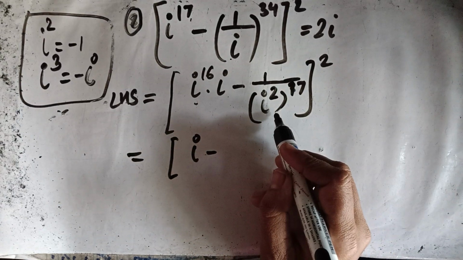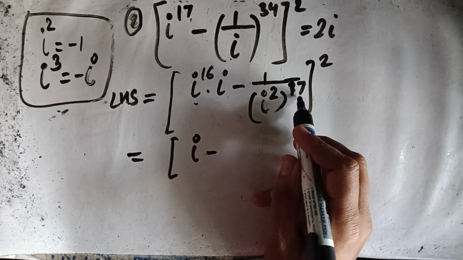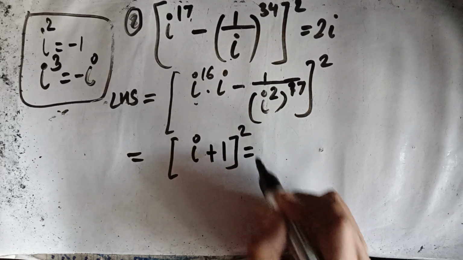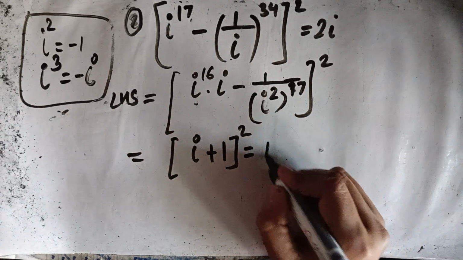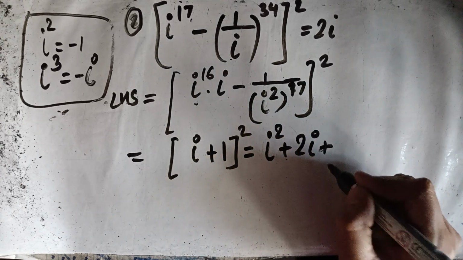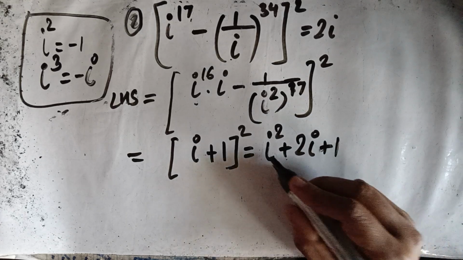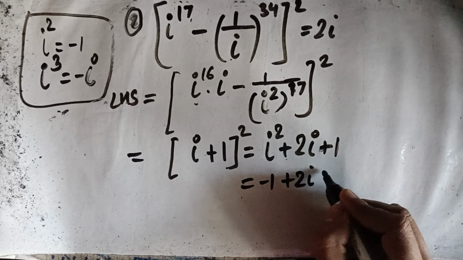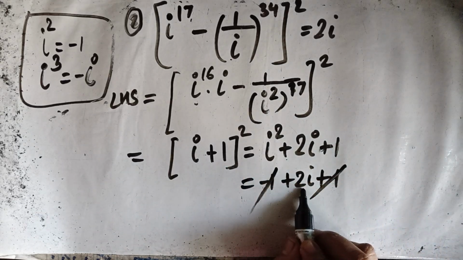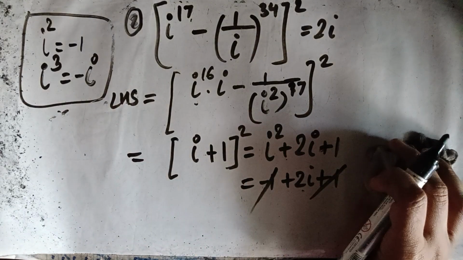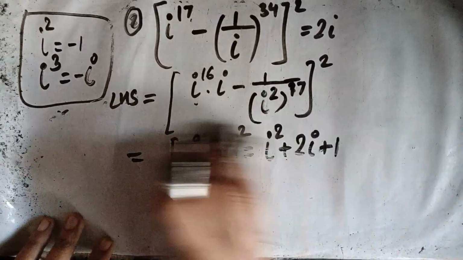What about this? Minus 1 raised to 17, so minus 1. So this becomes (i plus 1) whole square. So use the (a plus b) whole square formula: a square plus 2ab plus b square. i square is minus 1. So the final answer is 2i. So easily you can solve this type of problems.